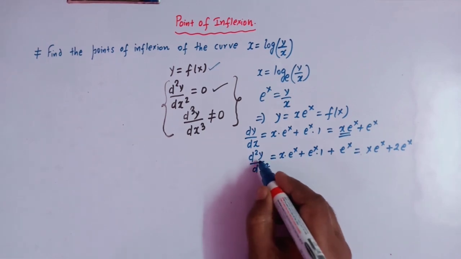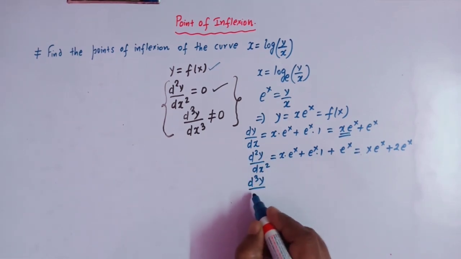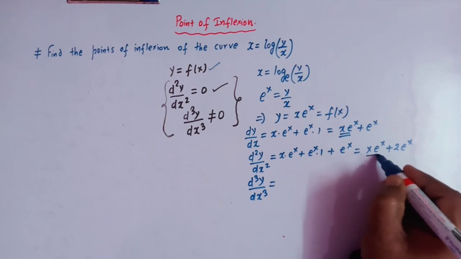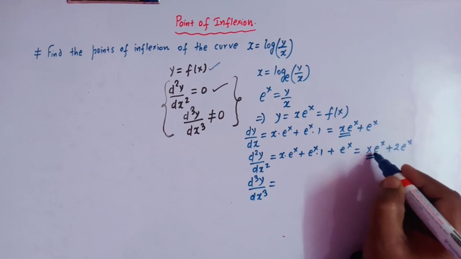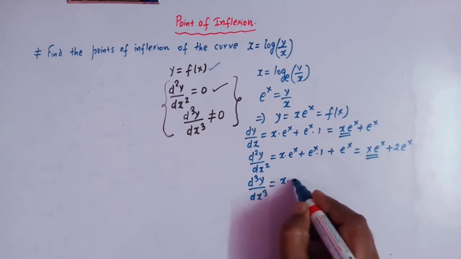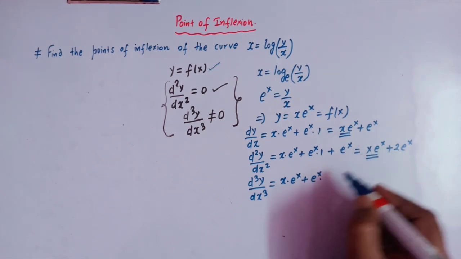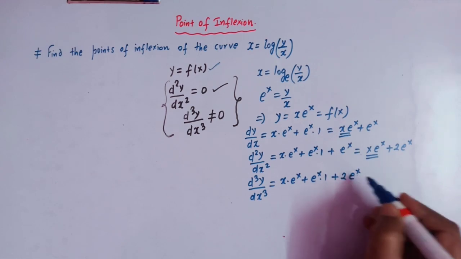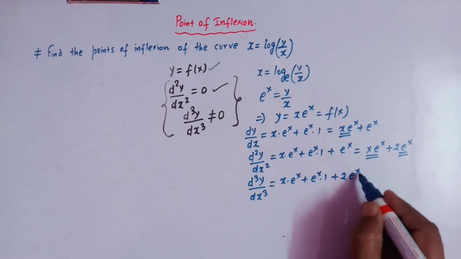Now let us find out the third derivative, right? The third derivative is d3y over dx3. The derivative of this function is again calculated by using the product rule. So we have x e raised to x, then we have e raised to x, and derivative of x is 1, and here we have 2 times e raised to x. The derivative of 2 e raised to x is 2 e raised to x, right?